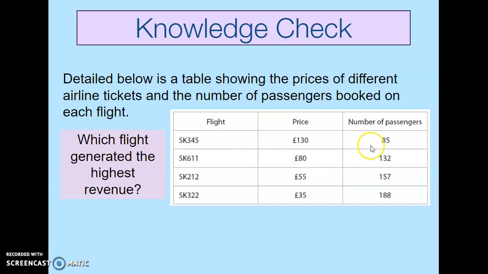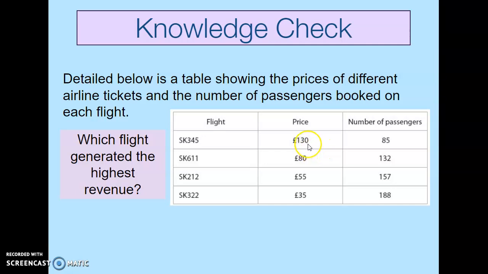We have here the quantity of passengers, which represents the quantity of the service of this flight. We've got the price at which every flight costs, and the number of people that have bought these flights.